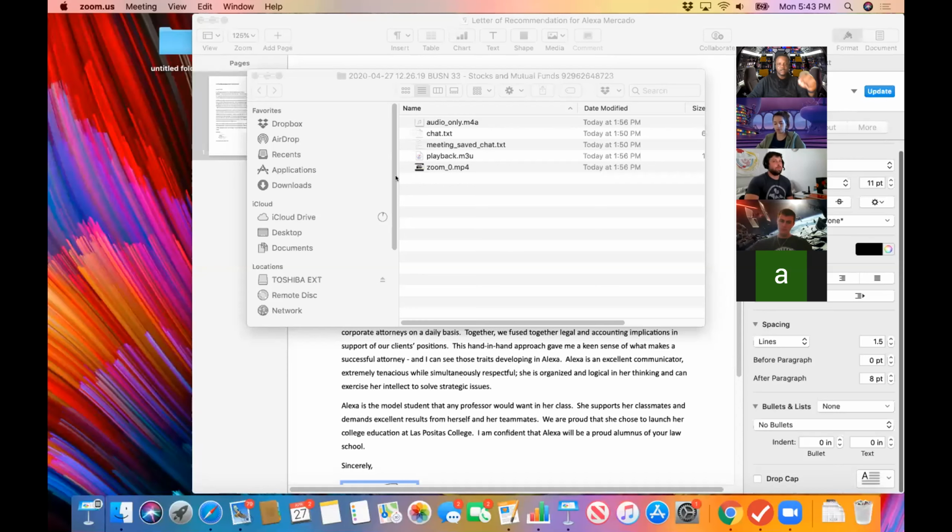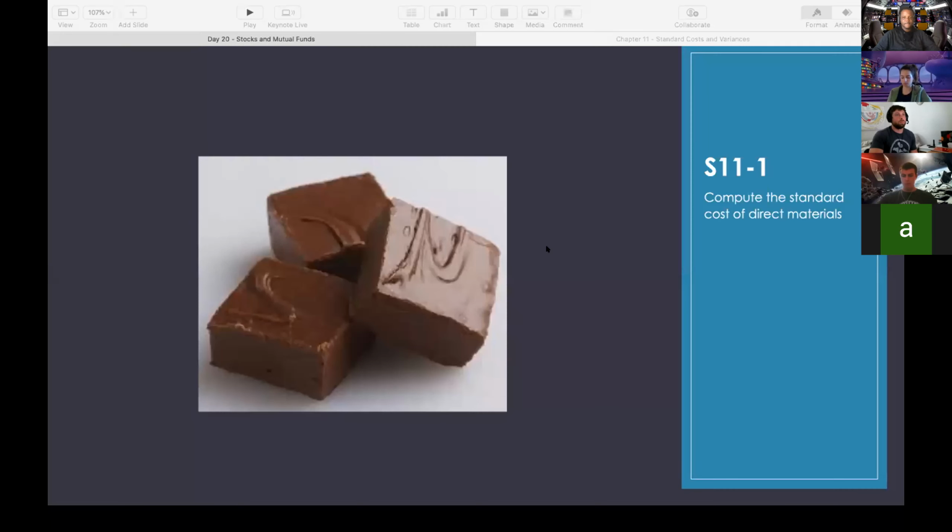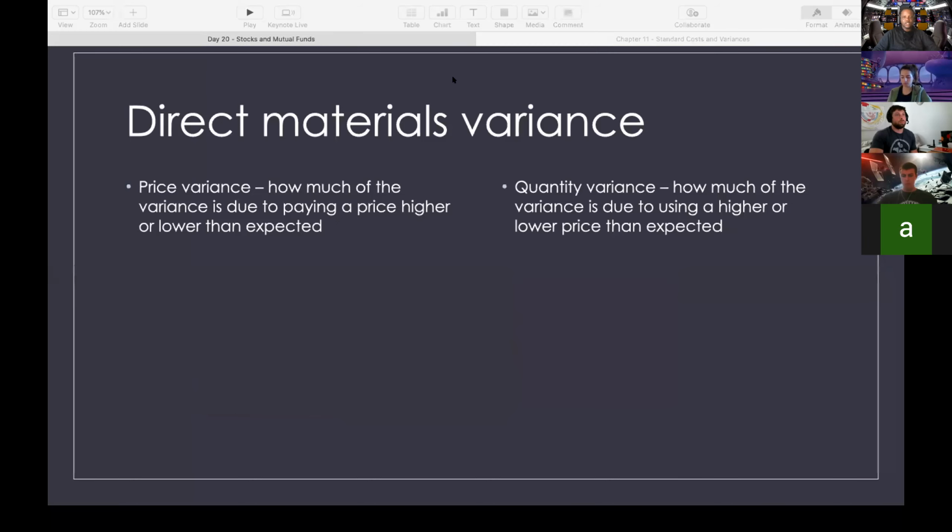Let's talk about the direct material variance. We have what our budget was and what our actual is, and we're comparing the flexible budget to the actual.